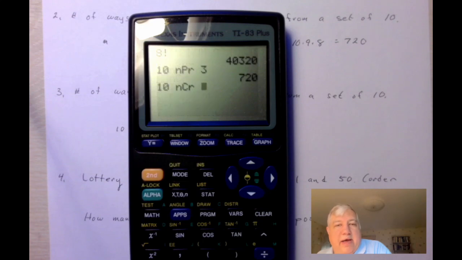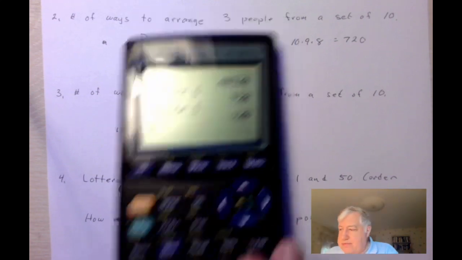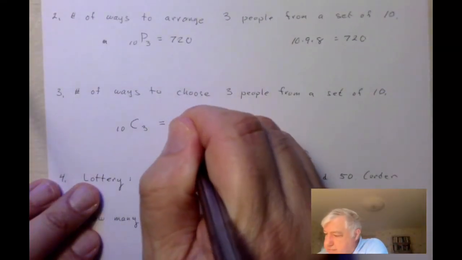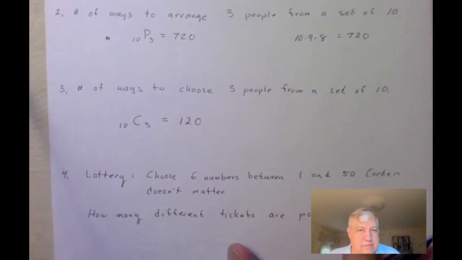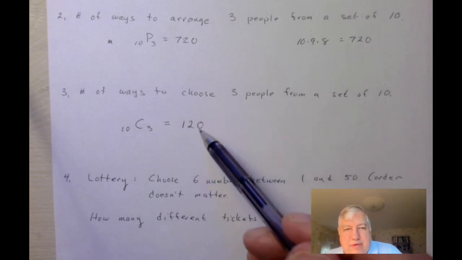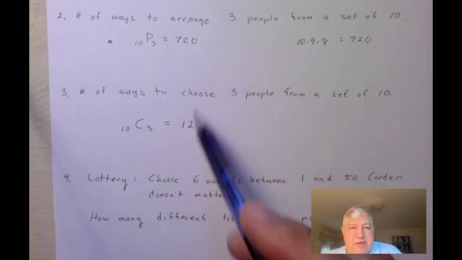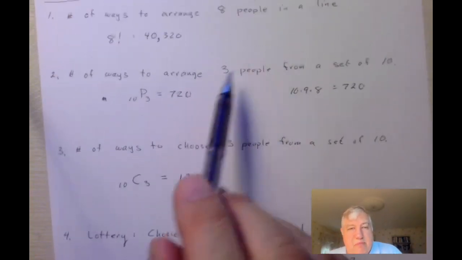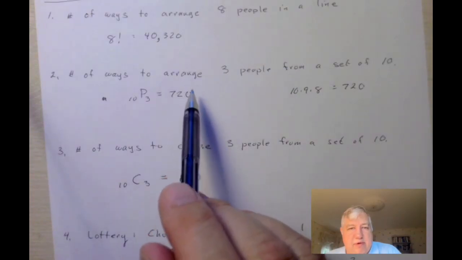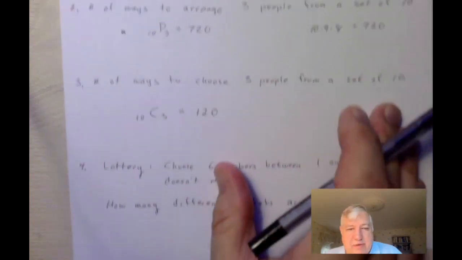We enter that, we enter 3, and we get 120. Interestingly, this number is always going to be less than the permutation number, because you get more ways to do this when you're arranging them. Here you're not arranging them.